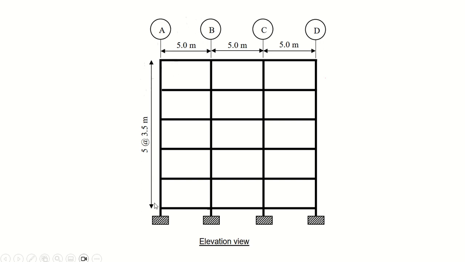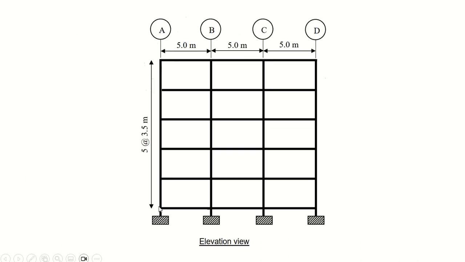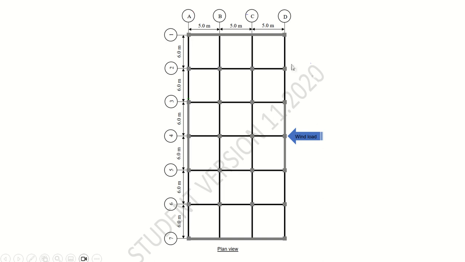You have the same height from the first floor to the fifth floor, and the height of the stump is not in the figure, but it is given in this slide, which is 1000 mm or 1 meter. And this is the plan view.